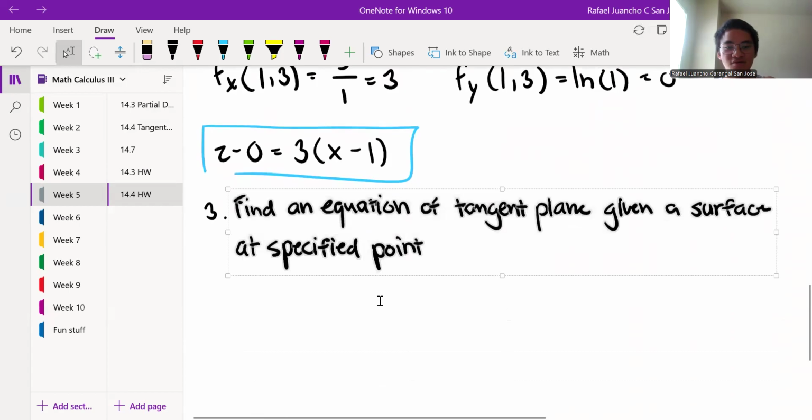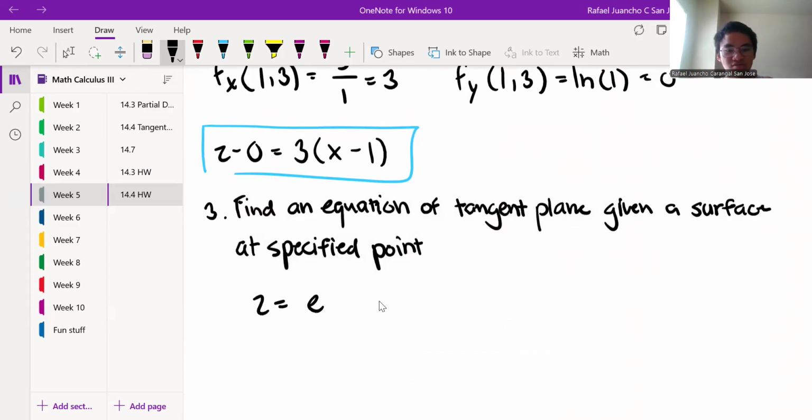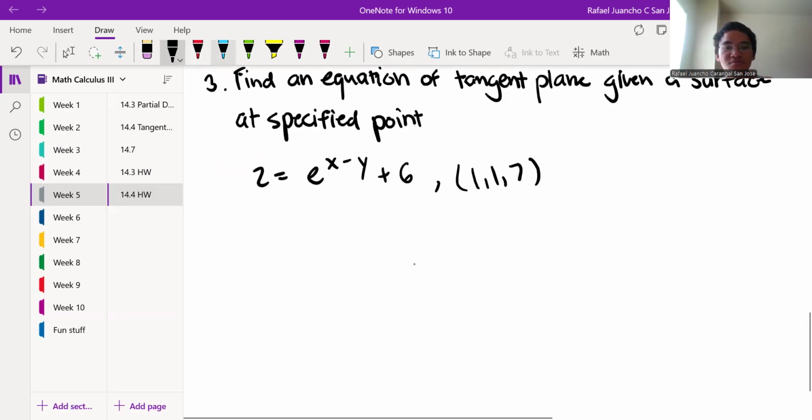Okay, so now our next item looks like we have an exponential here, e to the x minus y. Then we add 6. And then our point is 1, 1, 7. And then now what do we do? Take partial derivatives. I think that's the only step, and then plug in.